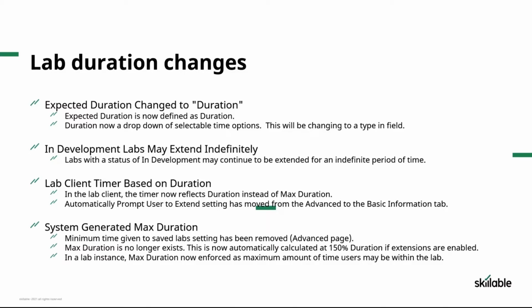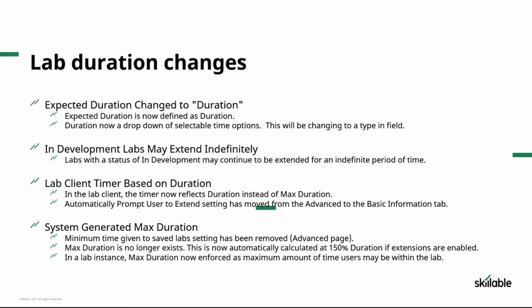That works exactly the same way as the old expected duration box. So with the expected duration, if you felt an average user should take 2 hours to complete this lab activity, you would set that to 2 hours. And then the maximum duration let you add some buffer time for those users that were not the average users, the ones who would take a little bit longer for whatever reason.